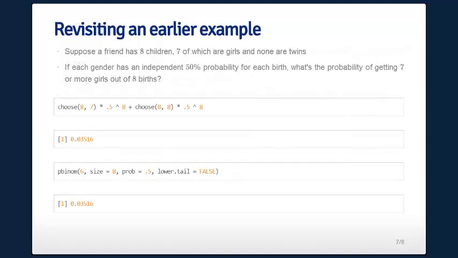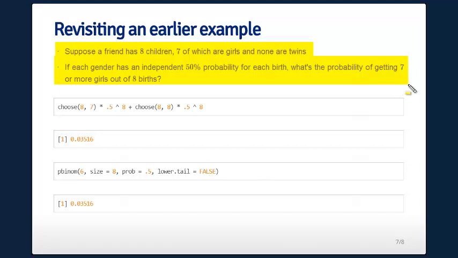Okay, let's calculate a p-value not just for a normal example, which we've already done. Let's calculate a p-value for this binomial example. Your friend has 8 children, 7 of which are girls, none are twins. If each gender has an independent 50% probability for each birth, what's the probability of getting 7 or more girls out of 8 births? That's a p-value. We're testing the hypothesis H naught: p equal to 0.5 versus Ha: p greater than 0.5.